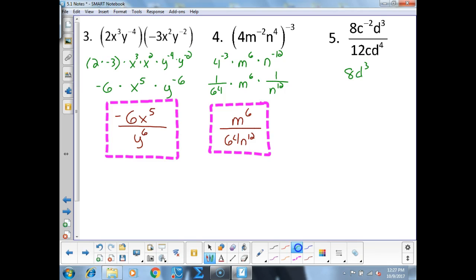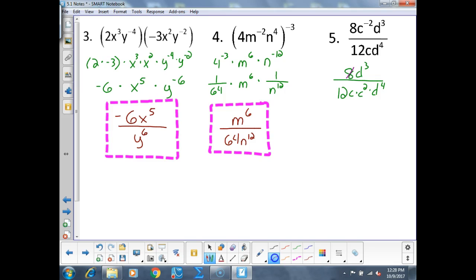Eight d cubed over 12c times c squared times d to the fourth. If I bring that c to the negative 2 power to the bottom, 8 and 12 reduce down to 2 and 3, since both can be divided by 4.